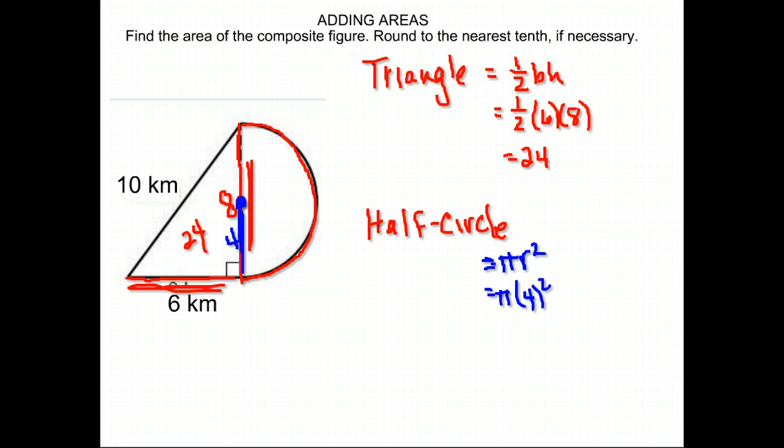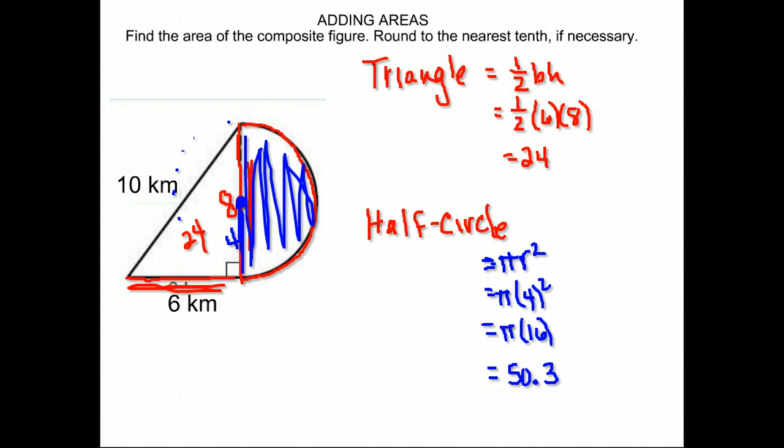So we're doing pi times 4 squared. 4 times 4 is 16. So we have 16 times pi, and just use the pi button on your calculator, or you can use the number 3.14. Whichever you use, you're going to get about 50.3, since we're rounding to the nearest tenth.